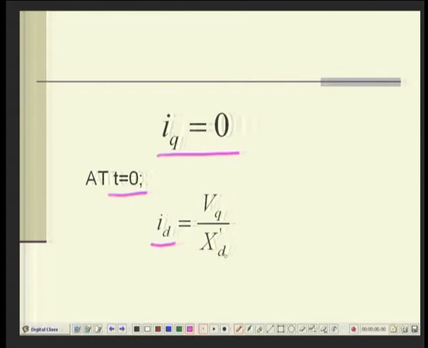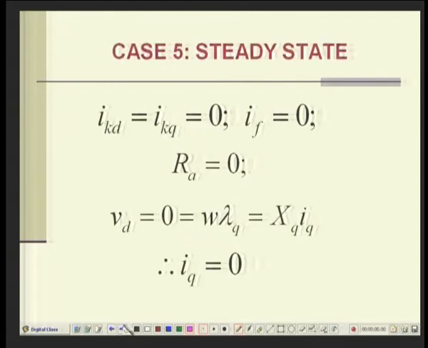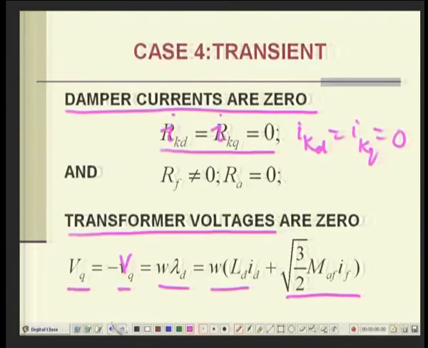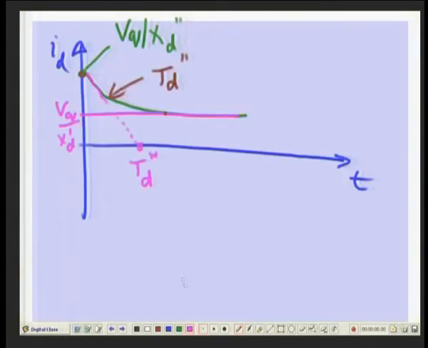Vq by Xd dash. Okay, let us see, what is t equal to infinity? What will be Id? Vq by Xd. So, what will happen is that this whole thing is not there.